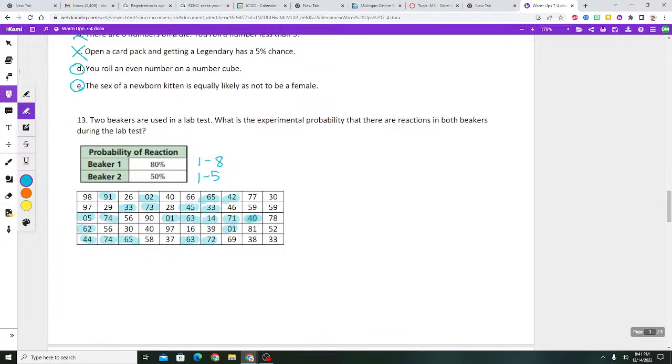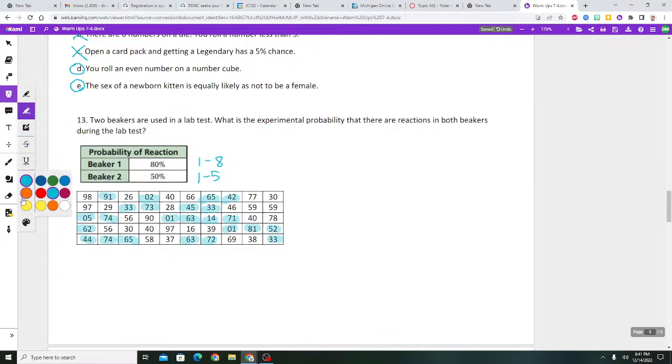Oh, no, I don't want that one. Let me erase that. Keep this one, keep this one, keep this one. So those are the ones that I've kept based off of the Beaker 2 being successful.